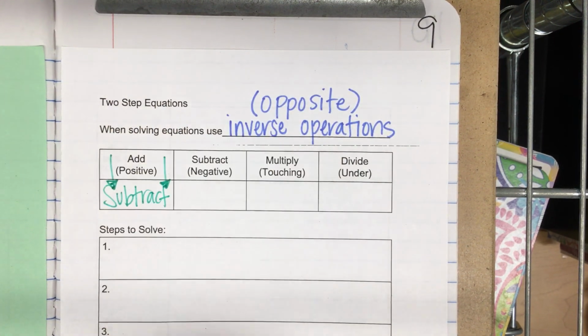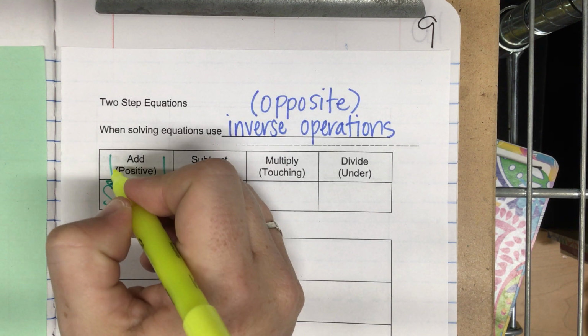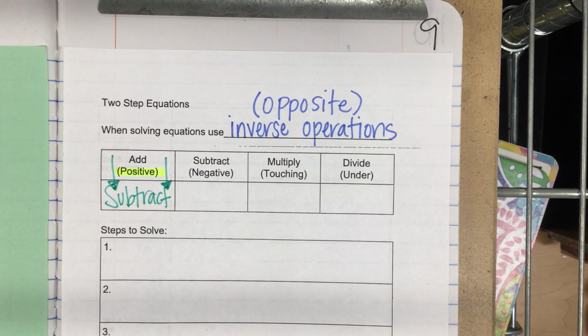But we have to add something into that piece of information, because sometimes it's not going to be an adding. Sometimes that plus sign isn't telling us that the number is being added. Sometimes that plus sign is telling us that it's a positive value. So adding and positive numbers: the opposite is to subtract them. Right?